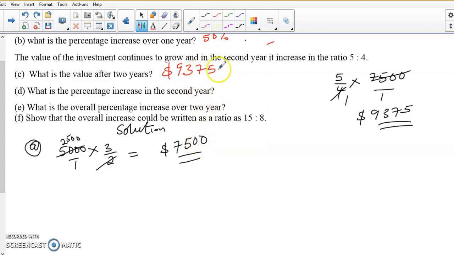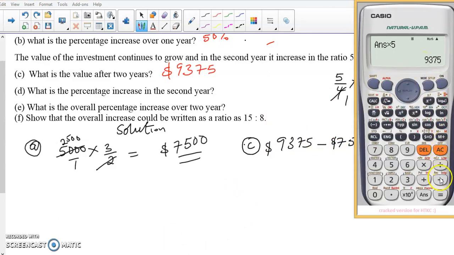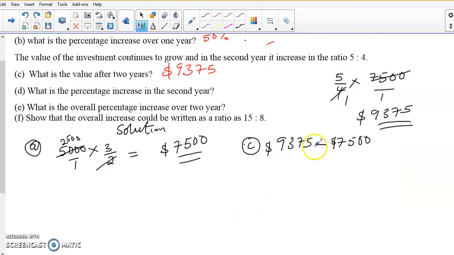So the percentage increase will be the amount in the second year, which is $9,375, that I'm talking about in part C, minus the amount in the first year, $7,500. So if I subtract, we have $1,875.